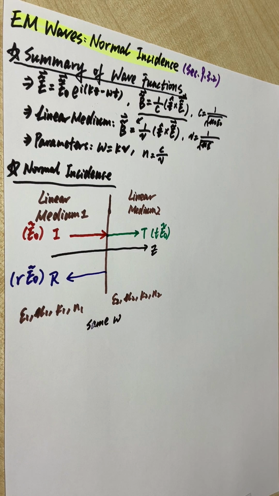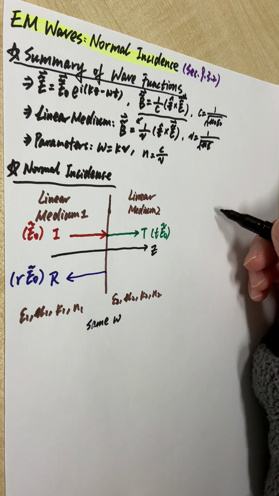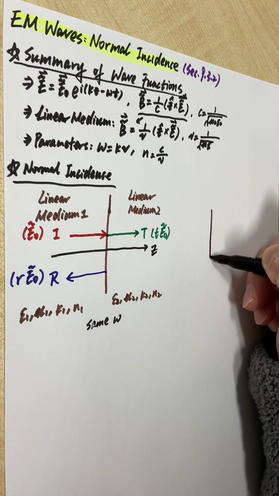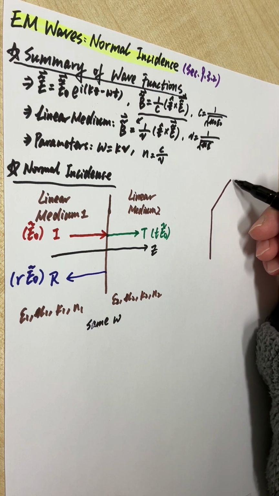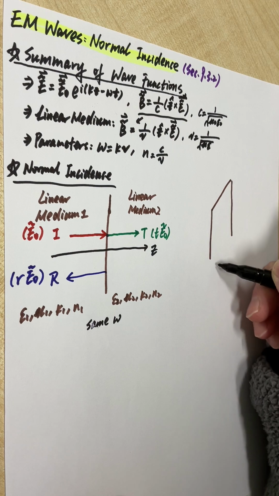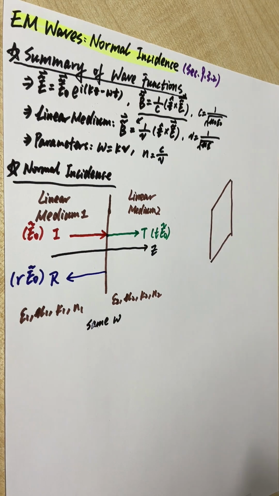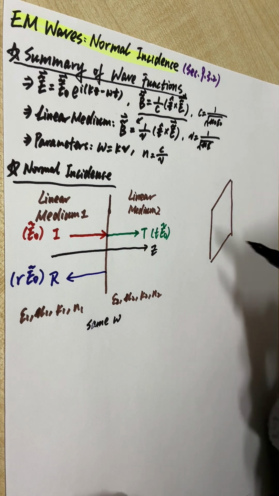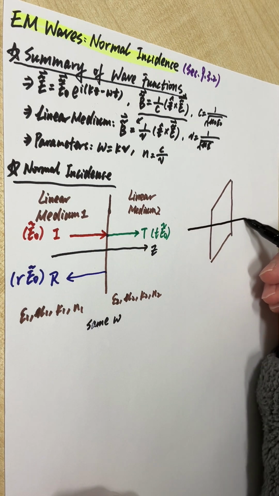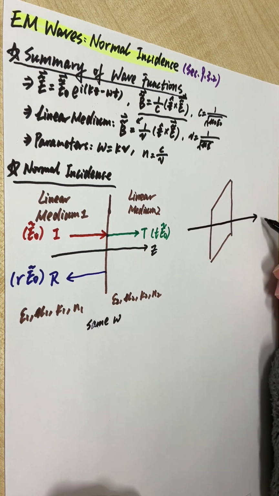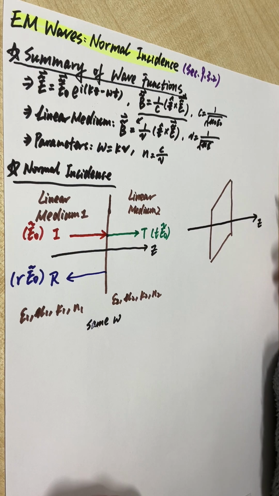So let's plot a 3D diagram. I have the surface like this, and suppose the wave propagates down that direction.